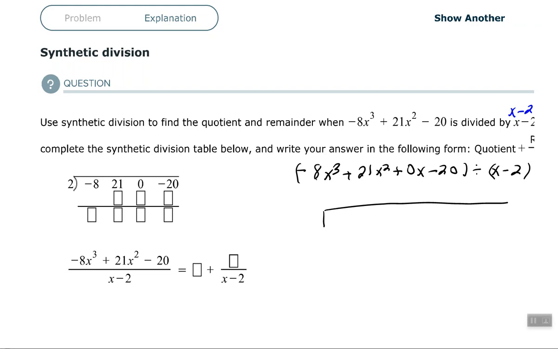The coefficients from my dividend go on the inside, so negative 8, 21, 0, and negative 20. The opposite of that number goes on the outside. So since I have x minus 2, then on the outside of here I will put positive 2. All right, and again I like to put a dotted line right before that last number because I know that will be my remainder at the end.